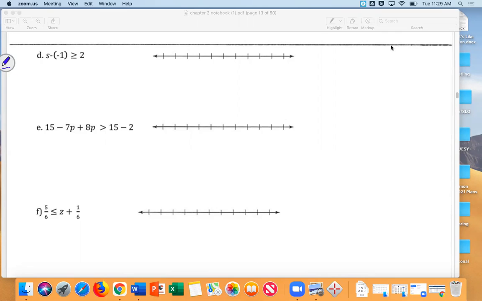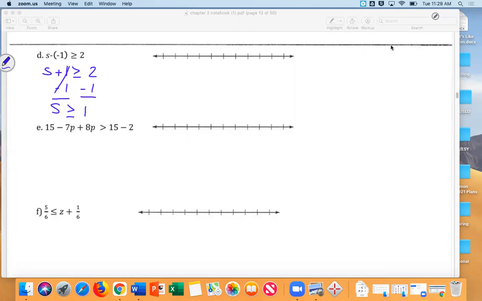All right, Ava, two negatives make a positive. So I'm going to change this to S plus 1 is greater than or equal to 2. Now, Nate, how do I get rid of plus 1? Minus 1. So I subtract 1 from both sides, and that gives me S is greater than or equal to 1.